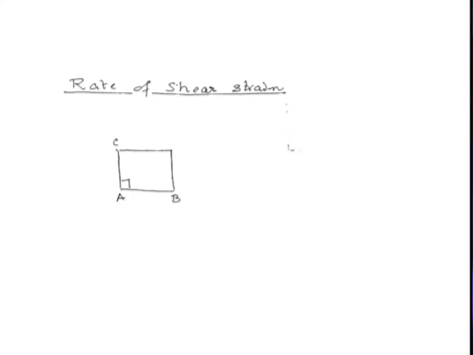Suppose the new position of these elements is given by A prime, B prime and C prime. On the left hand side we have the position at time t. Now here we have the position at time t plus dt, where dt is an infinitesimally small time increment. Now we can identify two angles.